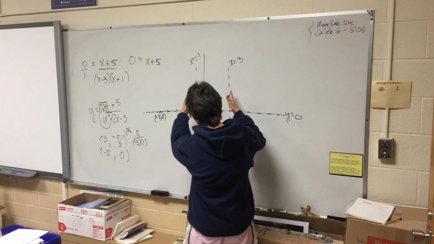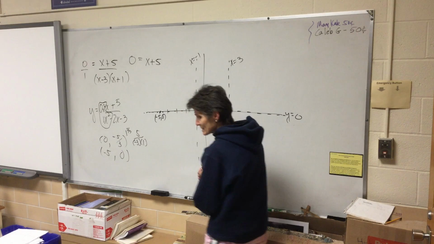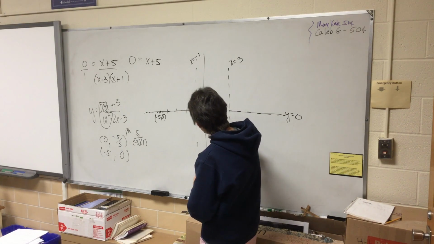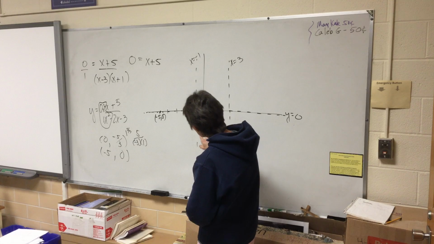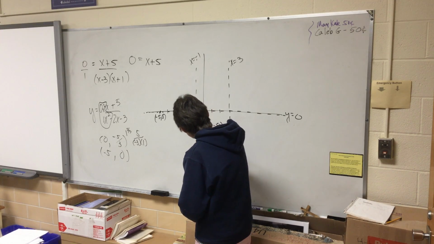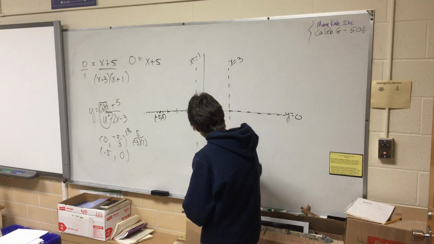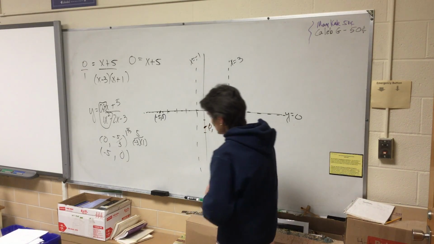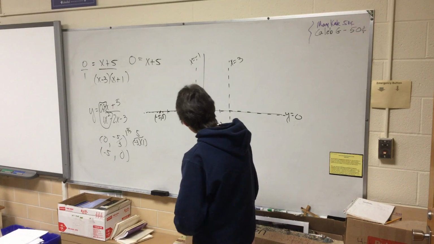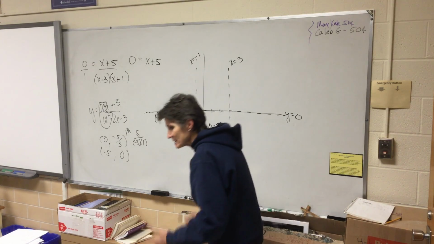You cannot cross vertical asymptotes ever. So whatever you draw, you're not going to go from here to here, for example. You can't connect those because you can't cross. These are like walls. All right, so does anybody have an idea about any piece of this picture?